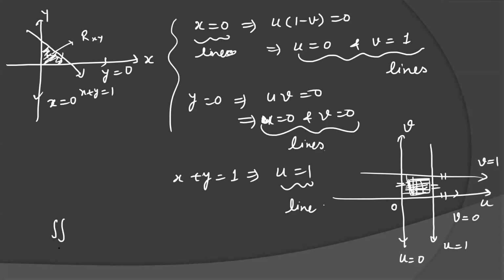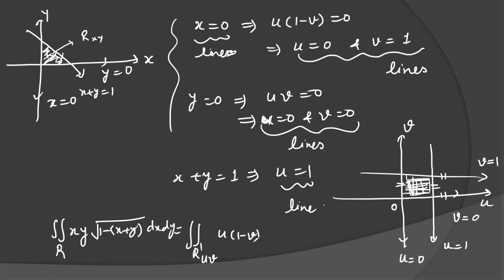So the double integration in the xy plane of under root 1 minus x plus y, dx dy, will be equal to the integral over the region in the uv plane. What is x and y? x is actually u into (1 minus v), y is u into v. Under root 1 minus x plus y is your u.